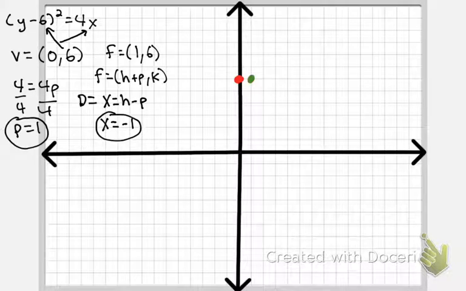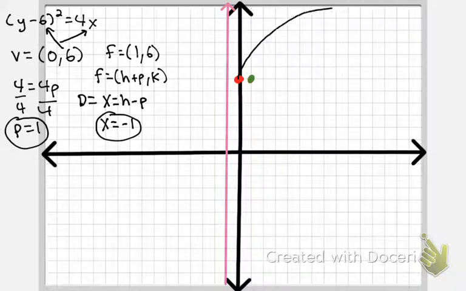So my directrix is going to be at x equals -1. So I've got my vertical line here. Alright, I'm going to go ahead and draw my parabola right here.